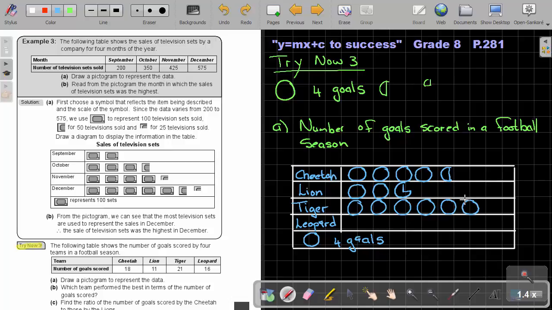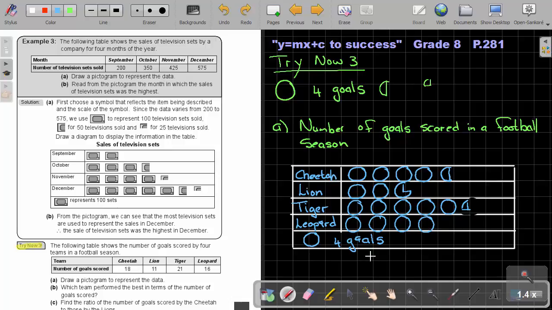I first make the full one, and then I'm just interested in this quarter. And then the last one, oh, this is nice, 4 full ones. So it's 1, 2, 3, 4. And this is how I represent it.